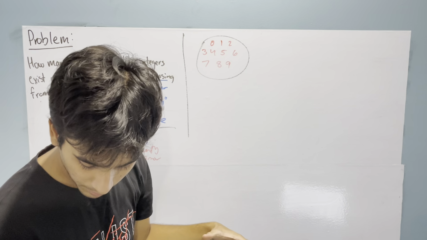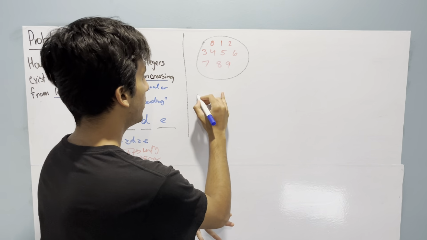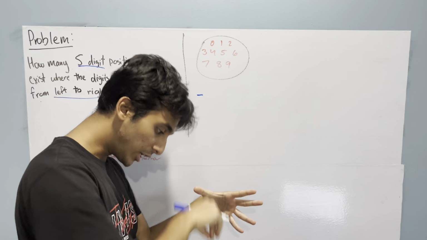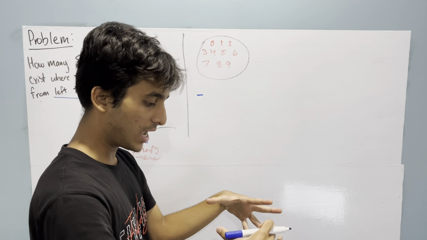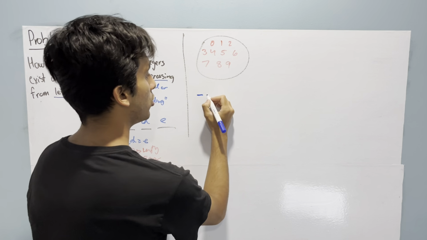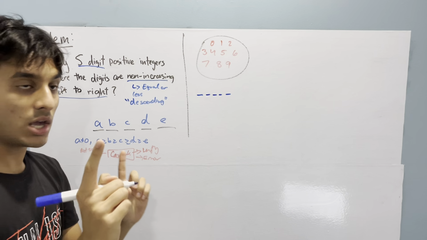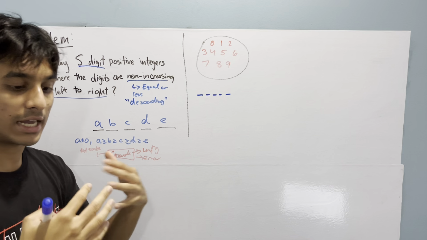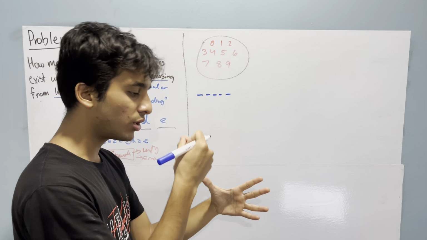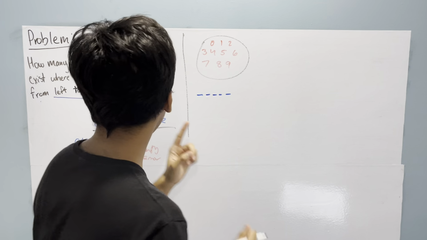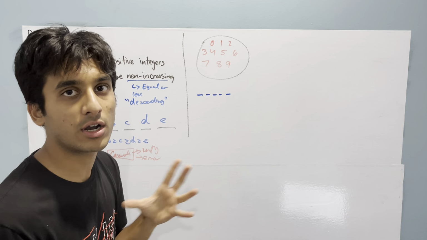You would take the bag, you would take out a digit, you would note it down as the first digit, you put the digit back in the bag, then you take out another digit, you note it down as the second digit, and then you do that 5 times. The key here is that order matters. If you take out a 3 in the first try and then you take out a 3 in the fourth try, that's not the same thing, right? Because those make up 2 different numbers.